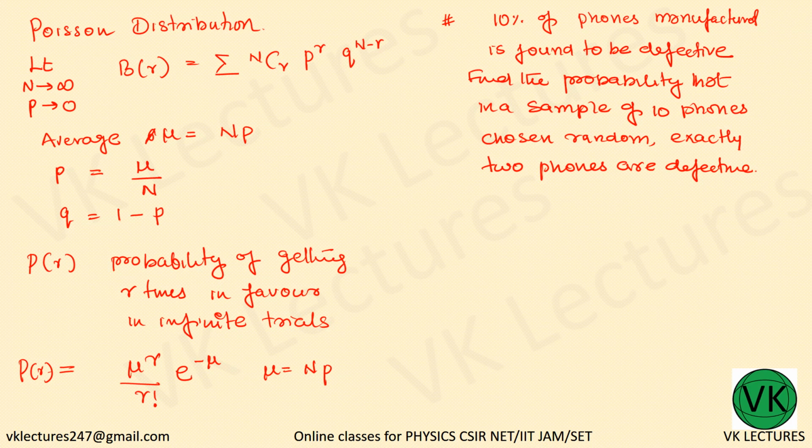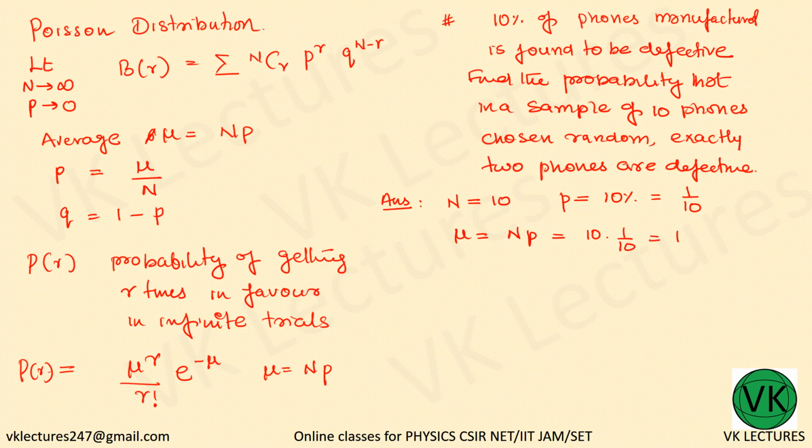So here the answer goes like this. The total number of outcomes is n equal to 10. The favorable probability is for a defective one, so 10%, which is nothing but 1 by 10. Then the average mu is equal to n times p, that is 10 times 1 by 10, which equals 1.